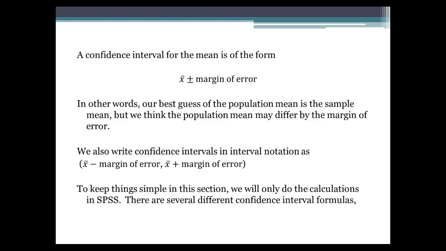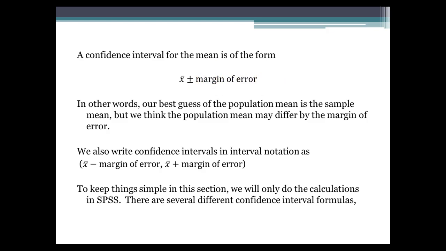We said there are two parts to a confidence interval. One is the point estimate, and that's x bar for the mean. The second part is the margin of error. I'm sure you've seen this before. I'm confident you've seen this before. Anytime they say candidate X is beating candidate Y by however many points with a margin of error of 2 points or something, that means this is what they think the answer is, but it could be off by as much as the margin of error in either direction.